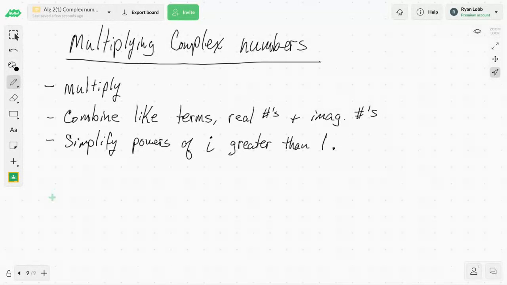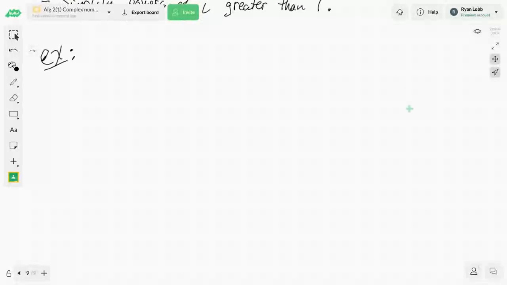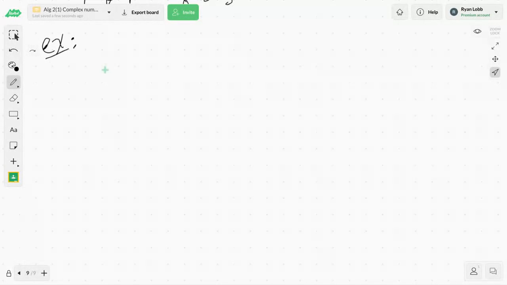Here are a couple examples of multiplying complex numbers. Let's start with this one: i times 8 minus 3i.